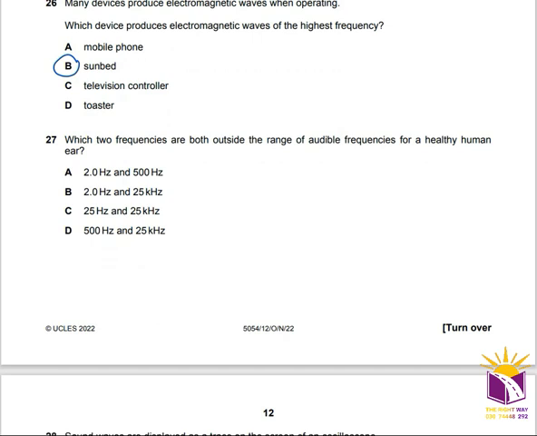Which two frequencies are both outside the range of audible frequency for a healthy human ear? A healthy human ear can hear frequencies between 20 Hz and 20,000 Hz, or you can say 20 kilohertz. For the first one, 2 Hz is outside, but 5 Hz is inside the audible range.